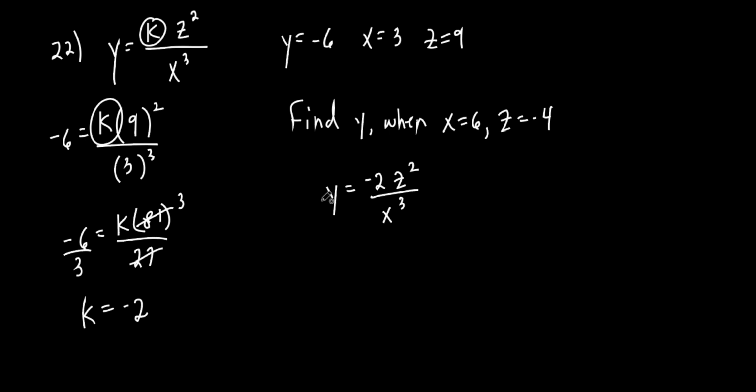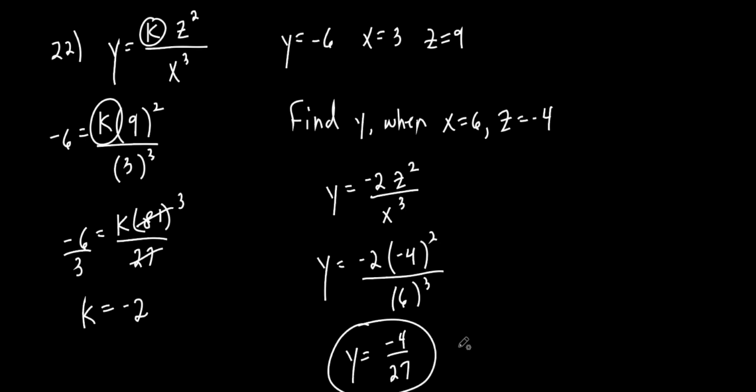Oh, they make this easy because you don't even really have to solve for y, do you? y is already by itself, so that makes it kind of easy. It's -2 times z, which is -4, squared, over 6 cubed. What I would do is just put all that into a calculator, and you get -4 over 27.